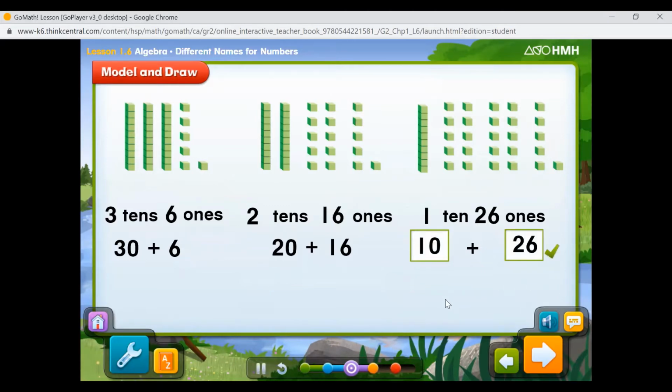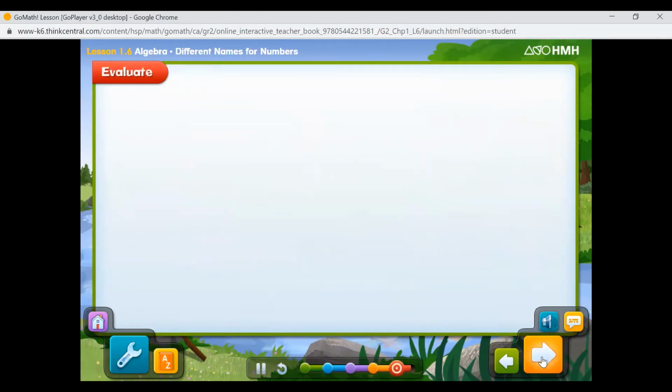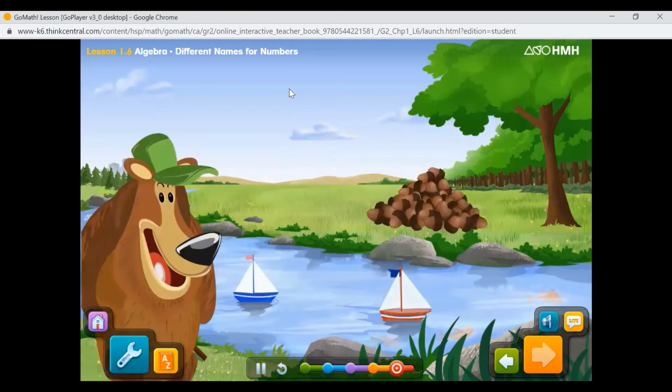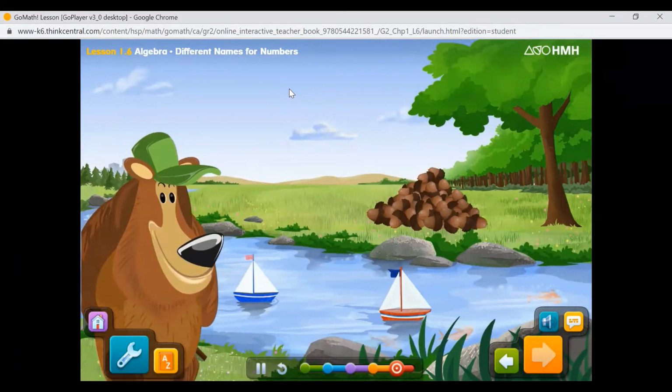Great job! 1 ten and 26 ones can be written as 10 plus 26. All three models show the number 36. Now let's practice. Now try. Thanks for helping me show a number in different ways. See you soon!